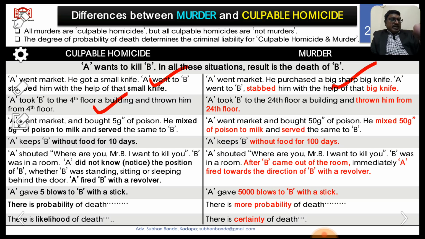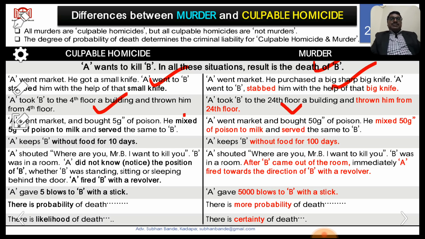The pre-existing condition is that A wants to kill B. In all these situations, the result is the death of B. A did an act of throwing Mr. B from the 4th floor, and the result is the death of Mr. B. A has the intention to cause the death of Mr. B, or the intention to cause bodily injury that is likely to cause the death of Mr. B, or A has the knowledge to cause the death of Mr. B.